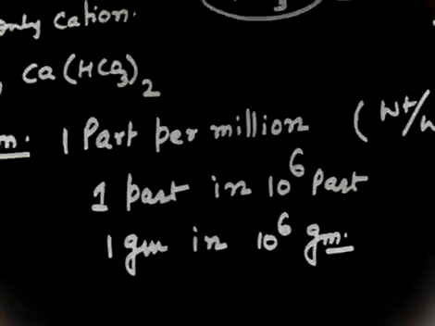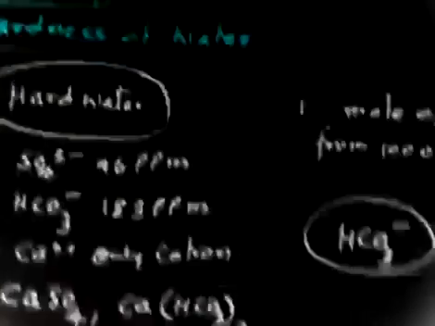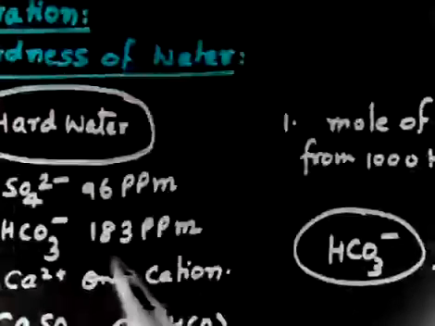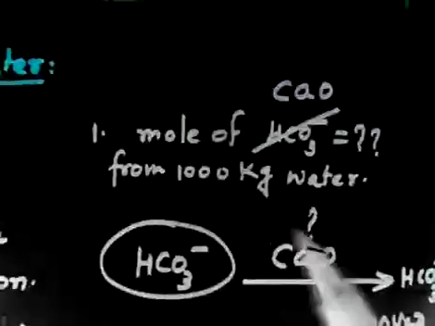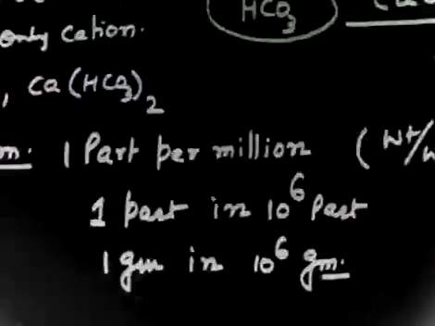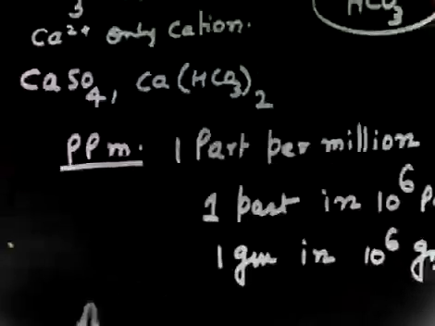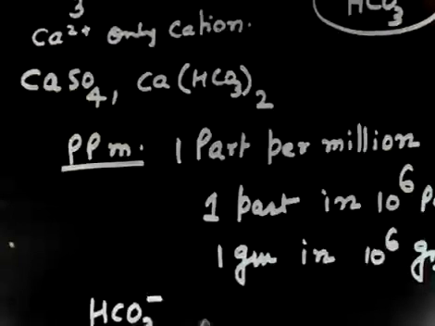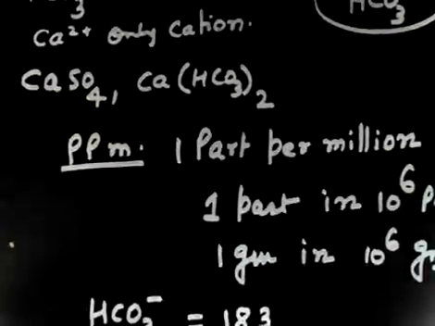Now the question is easy. Let us first calculate the weight of HCO3 minus in 1000 kg of water. We have HCO3 minus at 183 ppm.